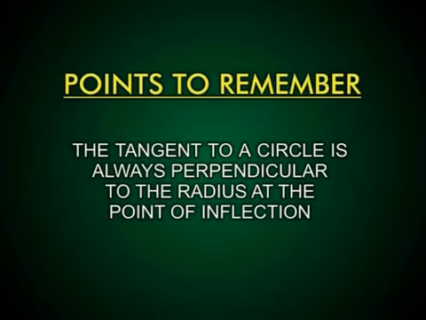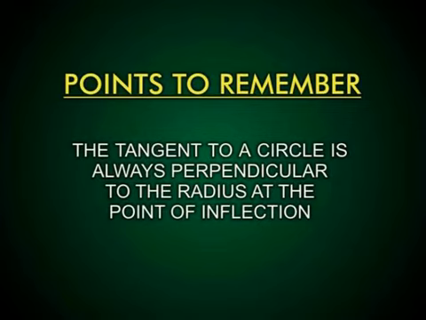There are two important points about circles that I want you to keep in mind before we progress any further. The first is that the tangent to a circle is always perpendicular to the radius at the point of contact.